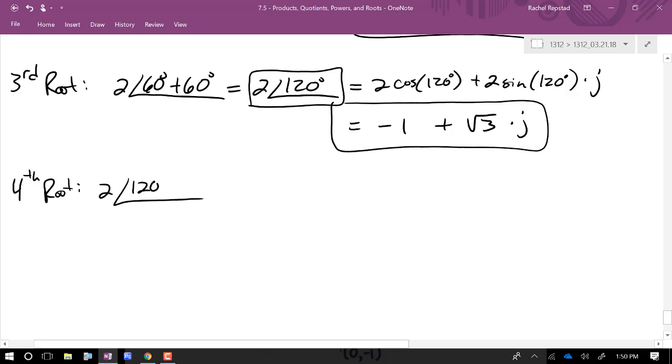So I take my 120 degrees, I add another 60, which is 180. What is the rectangular form for this number, magnitude 2 at an angle of 180? You can draw it, and you probably get there faster.